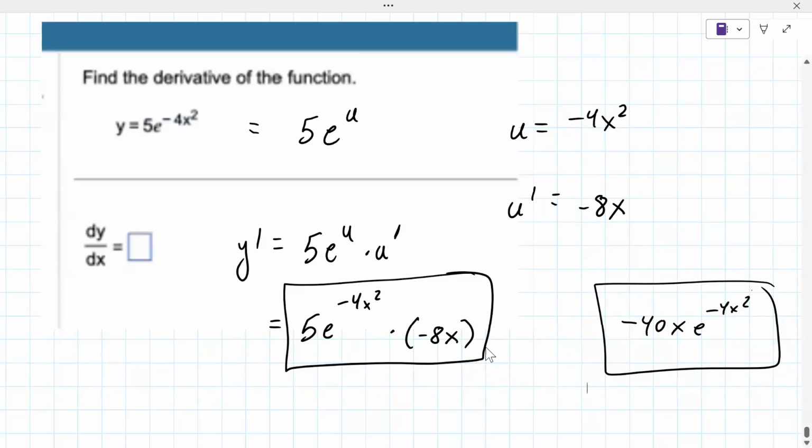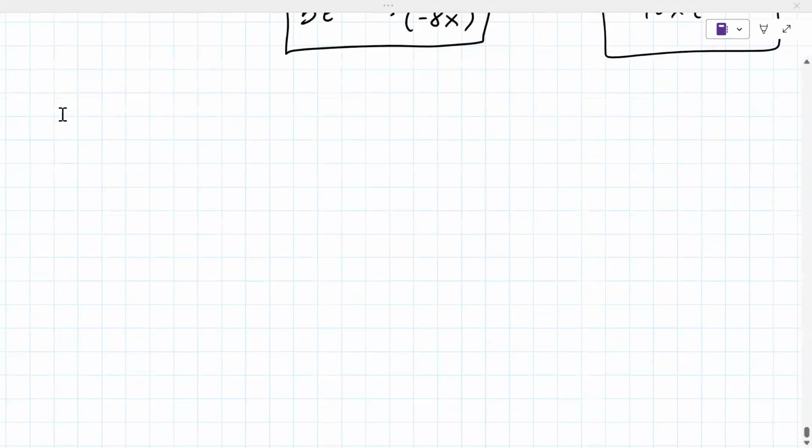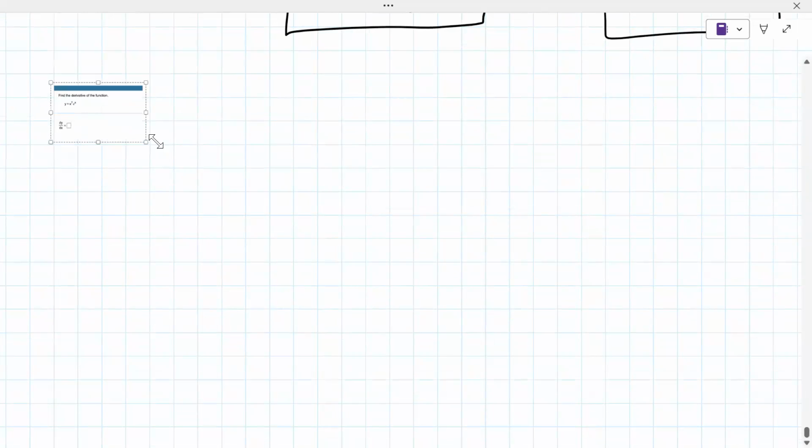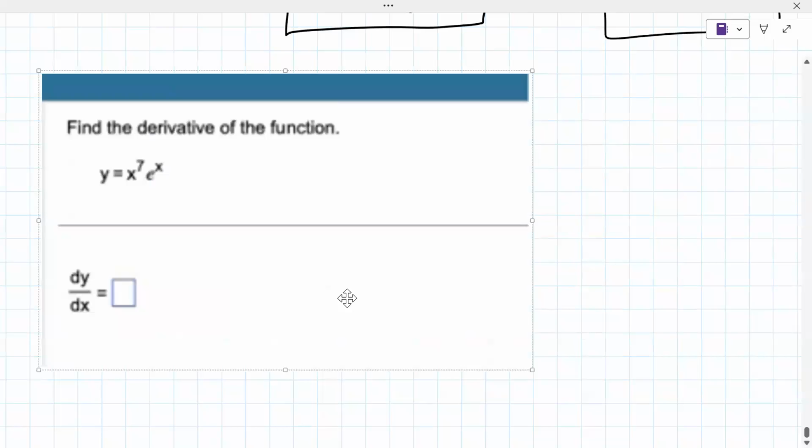The thing is that this minus 8x is on the same line as e. It's not in the exponent. I think it just wanted the answer multiplied out.